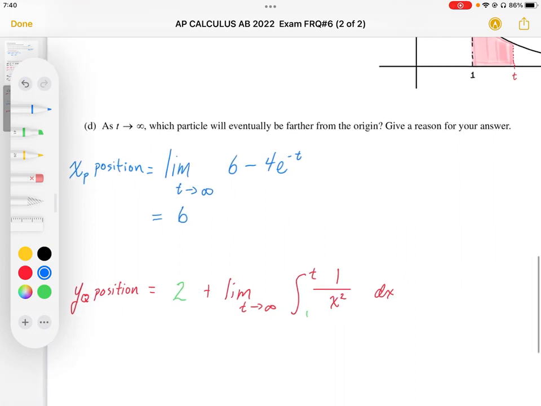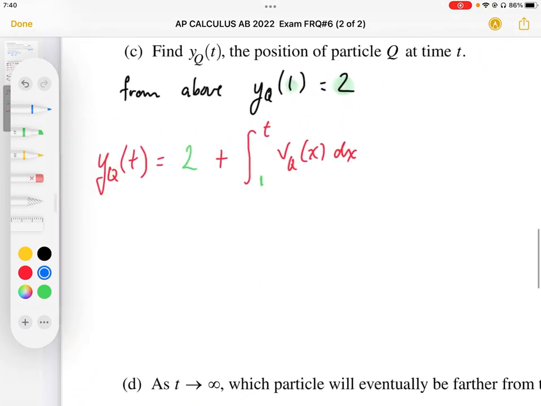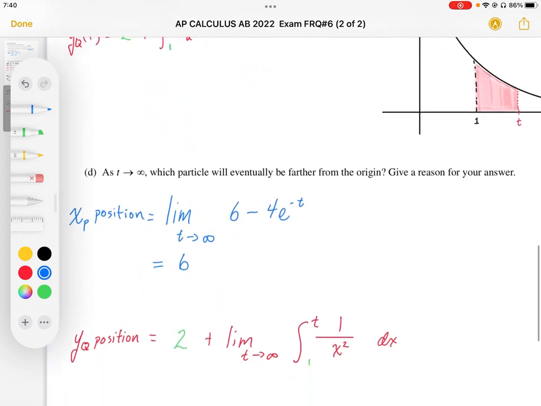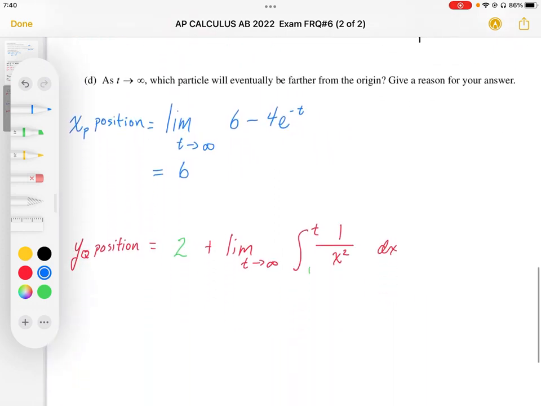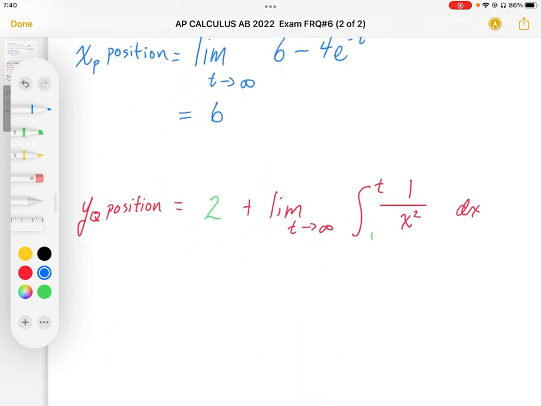For the vertical position or y position, we're going to take that function that we calculated up here. This is going to give us the position of y, and we're just going to let t go to infinity. To do that, we really should have a limit. So for the area part, as we calculate the area underneath that velocity curve, we're going to use a limit because t is going to go to infinity.